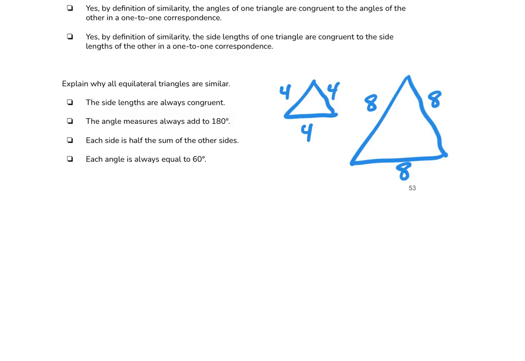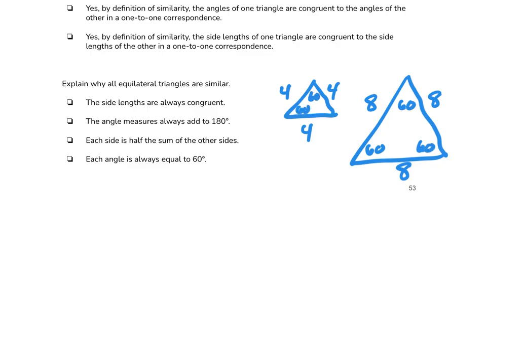Now, the angles are not marked here, but what do I know about the angles in an equilateral triangle? We got 3 angles, and if they're equilateral, what do we know about all 3 of them? They're all congruent. They're all equal, right? They are all 60 degrees. So this one would be 60, 60, 60.